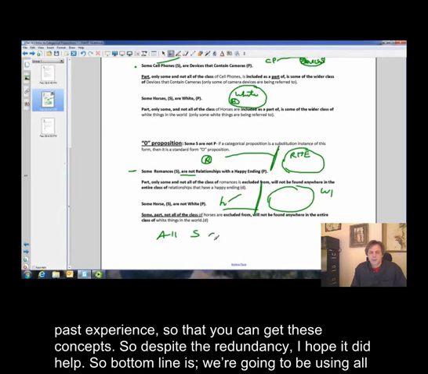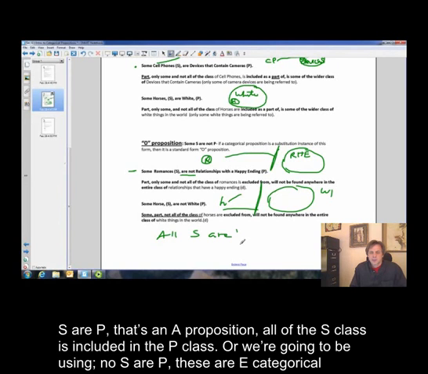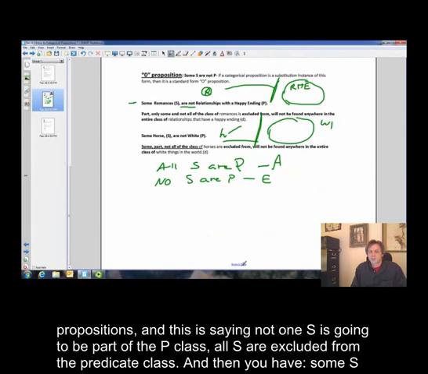All S are P. That's an A proposition. All of the S class is included in the P class. Or we're going to be using no S are P. These are E categorical propositions, and this is saying not one S is going to be part of the P class. All S are excluded from the predicate class.